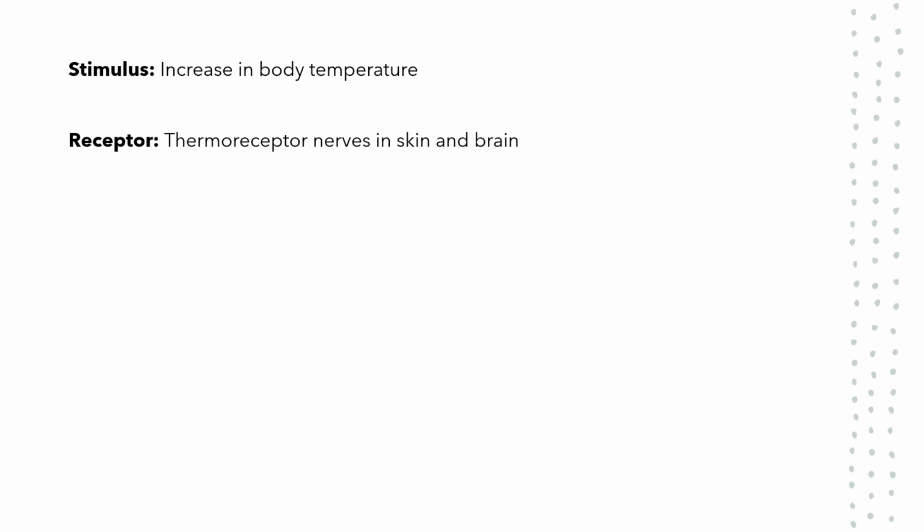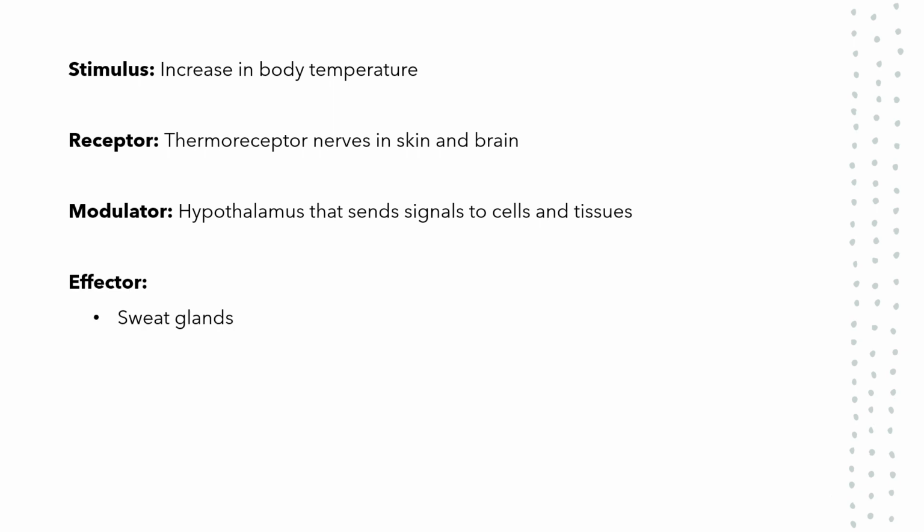Our thermoreceptors, such as nerves in skin and your brain, pick up this stimulus and send this as a message to your hypothalamus, your modulator, which then sends on another signal to cells and tissues saying that our body temperature has increased above the normal range. It sends it to your effectors, such as your sweat glands, which will produce a response such as sweating, which cools your body down.